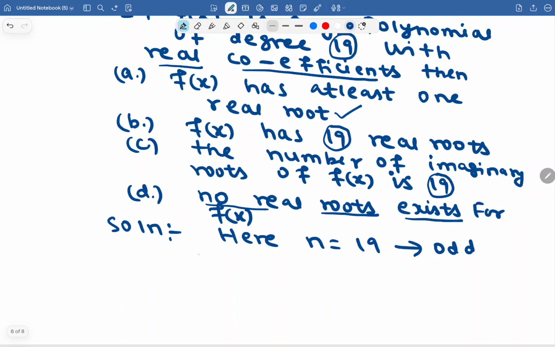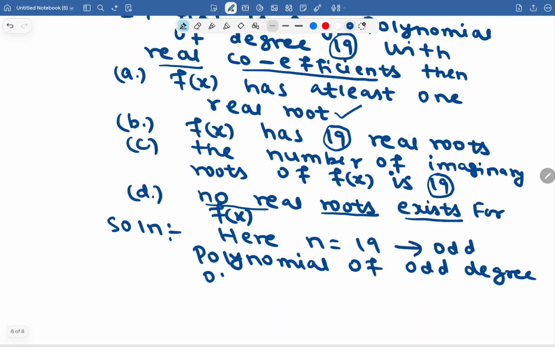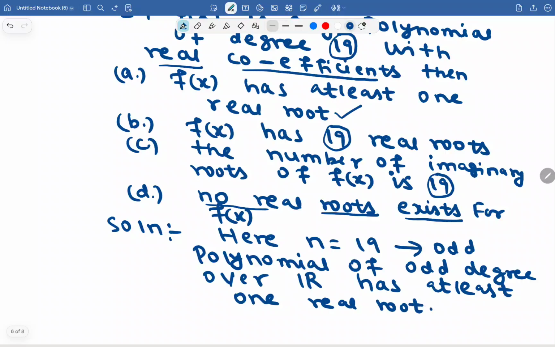Again, a well-known result: a polynomial of odd degree over R has at least one real root. Therefore, for this second problem, the first option is the correct option.